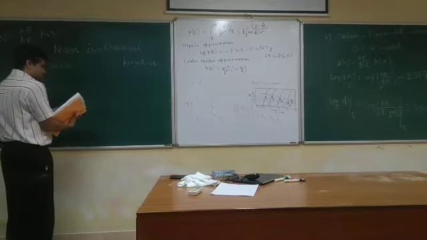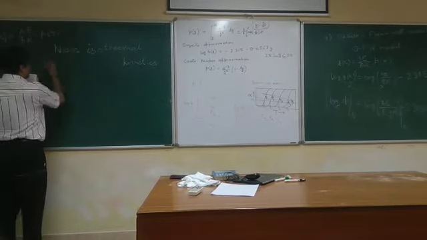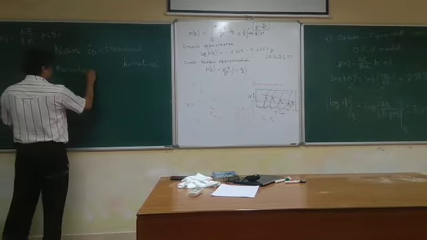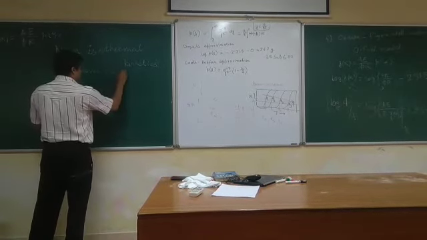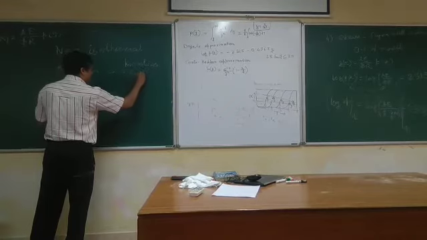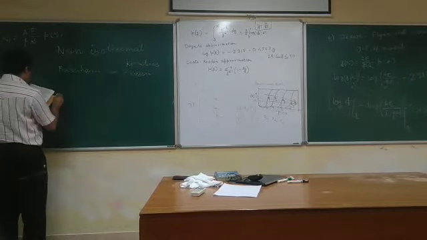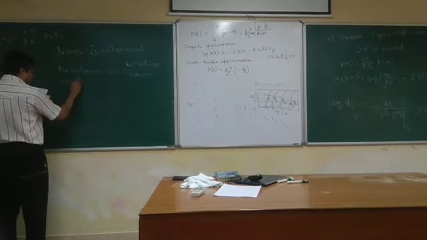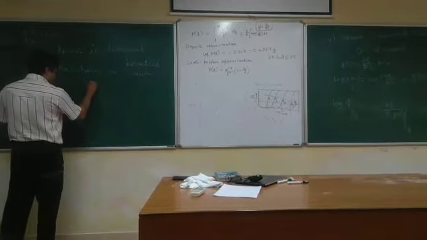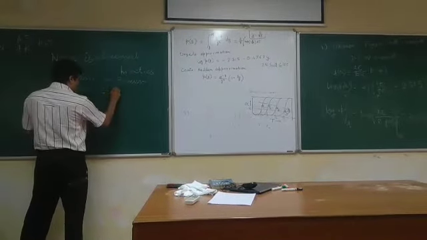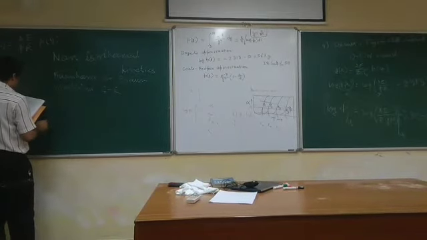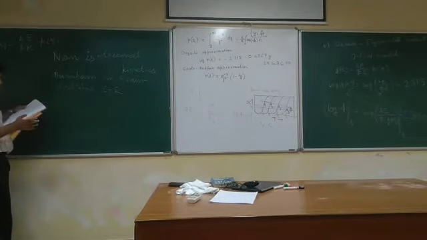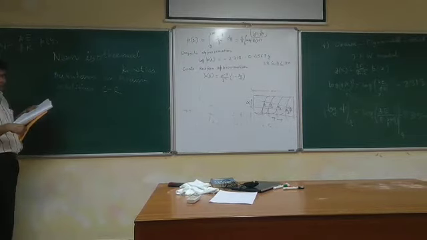So the next one was Vyazovkin... no, Budrugeac, rather Bhatnagar and Braun... which is actually the modified Coats-Redfern. Why am I saying that? Because they transformed the model fitting Coats-Redfern method into an isoconversional method.